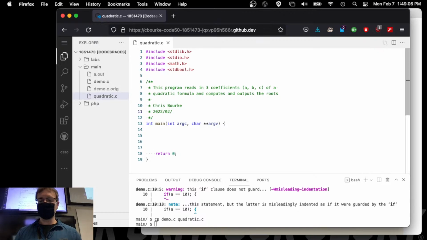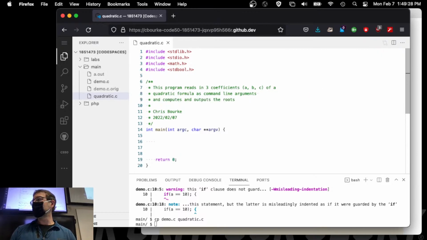What is today? 7? There we go. Right? That's the bare minimum. If that's not there, you don't get your points for documentation. Okay? All right, so if we're going to read these in as command line arguments, in fact, we should write that, of a quadratic formula as command line arguments, and computes and outputs the roots.